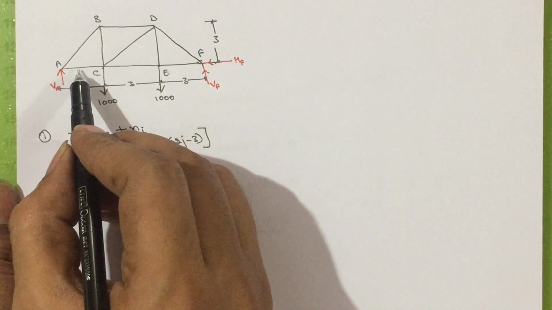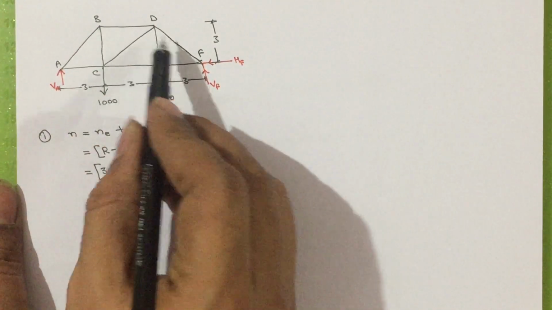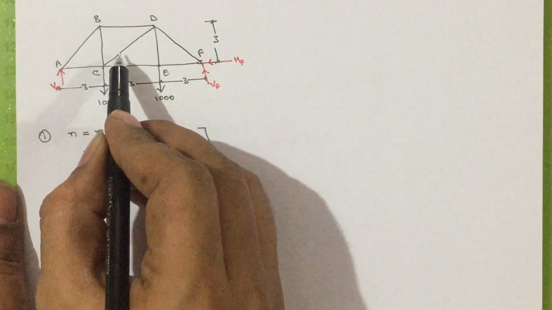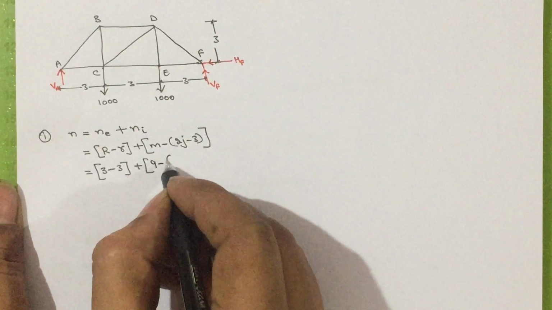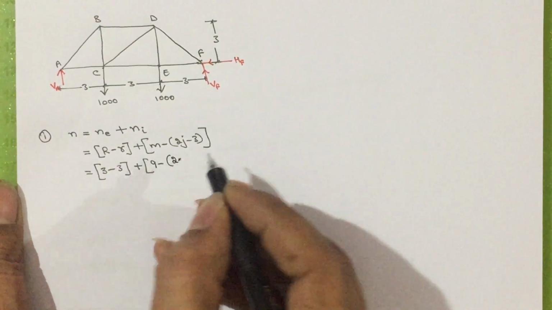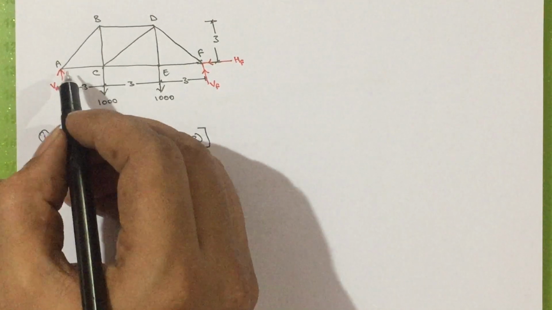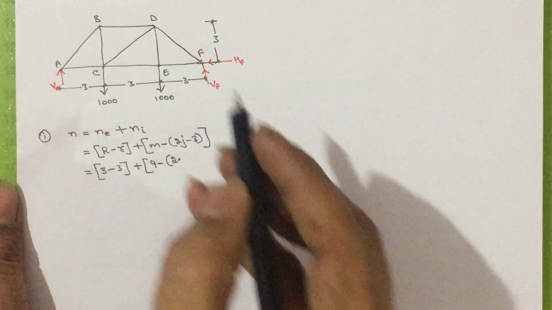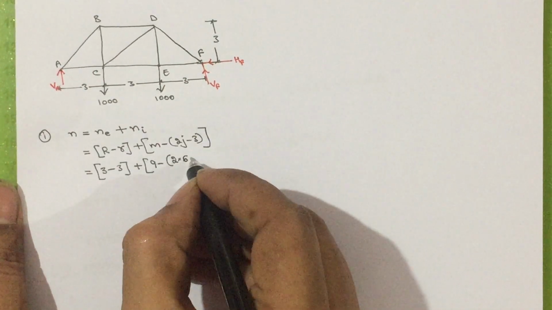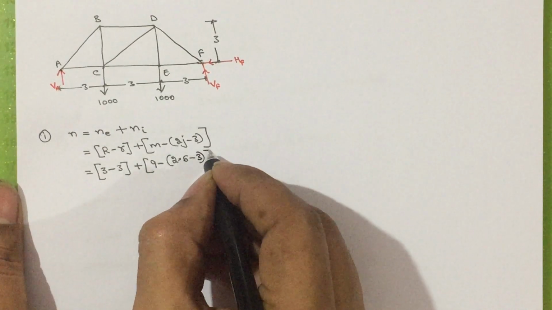Count it: 1, 2, 3, 4, 5, 6, 7, 8, 9. There are 9 members, minus 2 into j, the number of joints: 1, 2, 3, 4, 5, 6. There are 6 joints, minus 3.